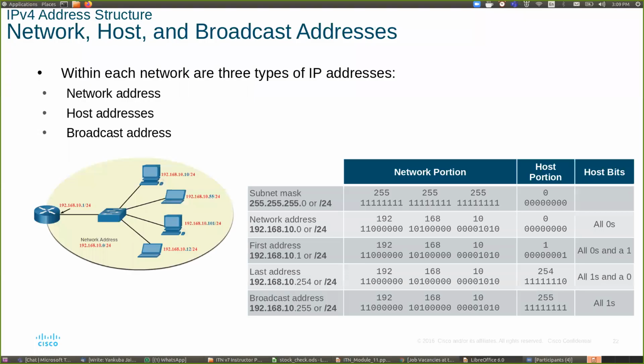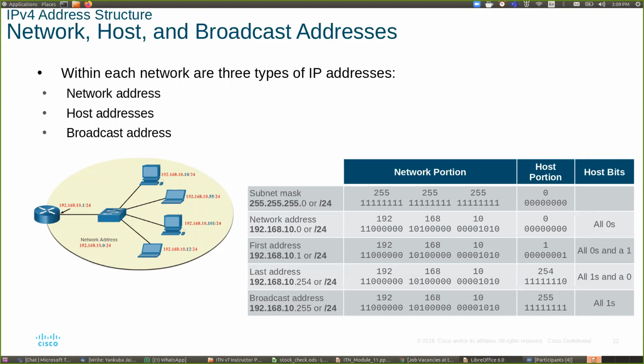Okay. So we have the network, the host, and the broadcast. When we do subnetting, these are the 3 things we are going to have: a network address, a host address, and a broadcast address. That is why the other time, LYC was asking about 192.168.10.0, why don't we use it?